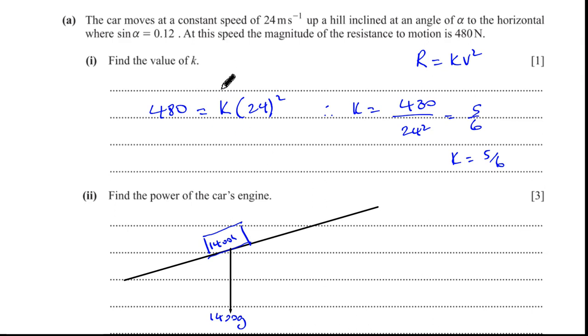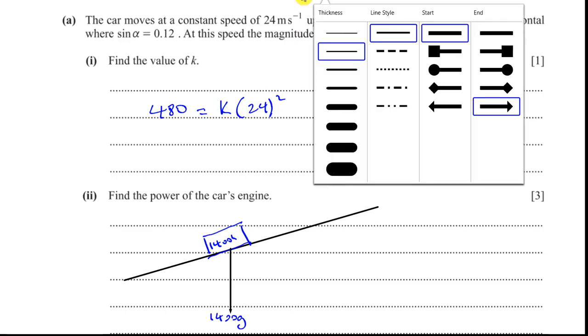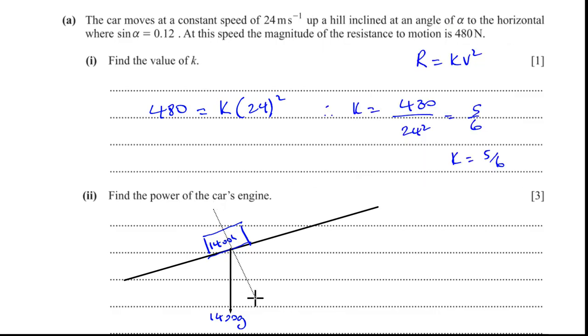We've also got to think about the component of the force acting parallel to the plane. This is perpendicular to the plane. We know that this angle is alpha, therefore this angle is alpha. The angle to which the weight is compared to the normal will always be equal to the angle of the incline of the plane.